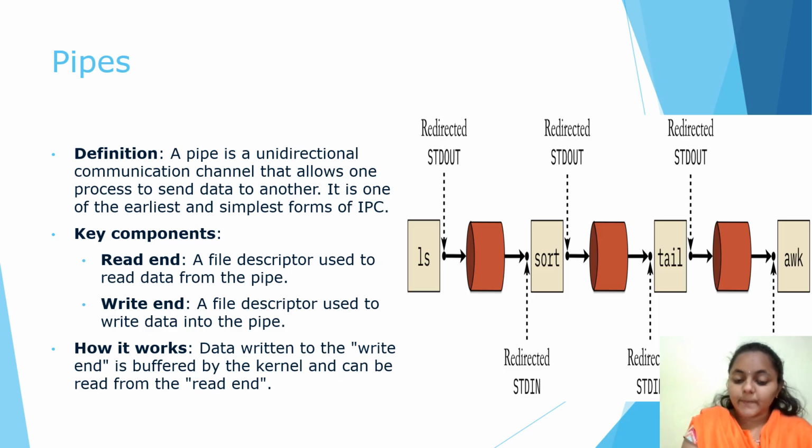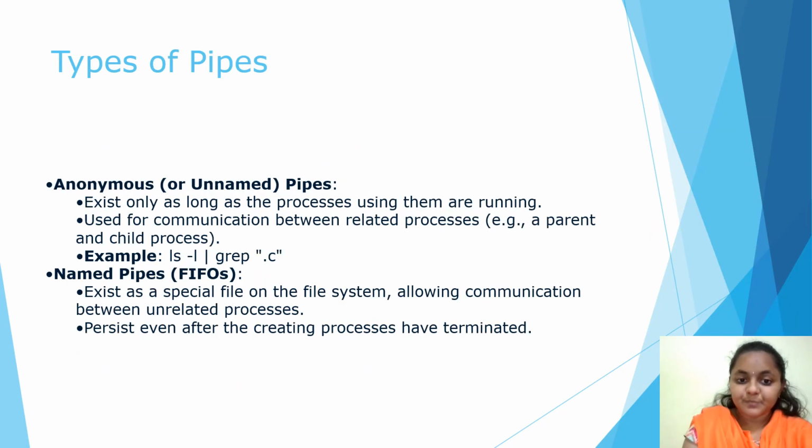Data written to the pipe is temporarily stored in a kernel buffer until it's read. How does it work? The first process writes data into the pipe. The kernel buffers the data. The second process reads the data from the other end. Think of a pipe like a one-way water hose. Data flows only in one direction.